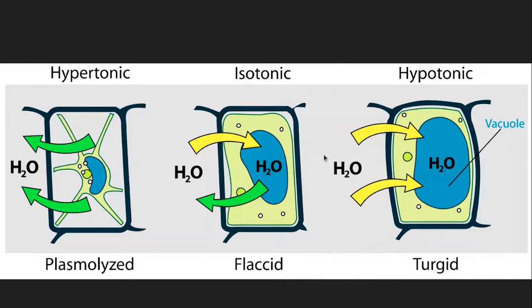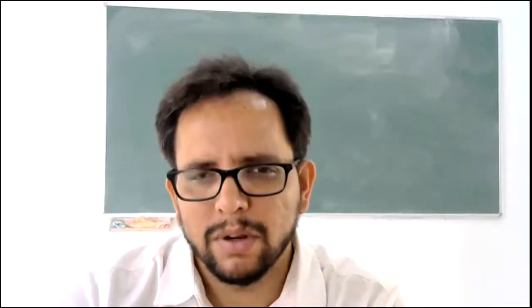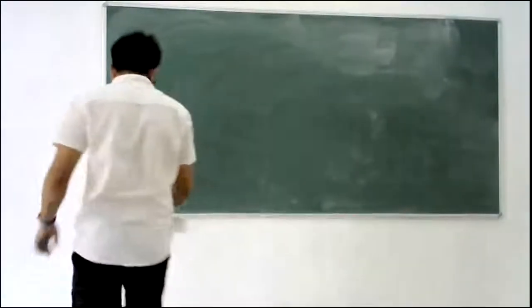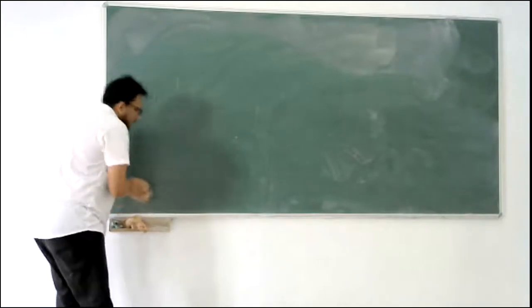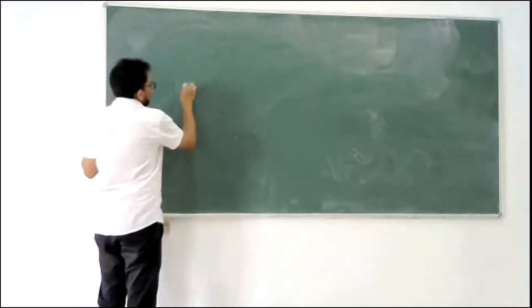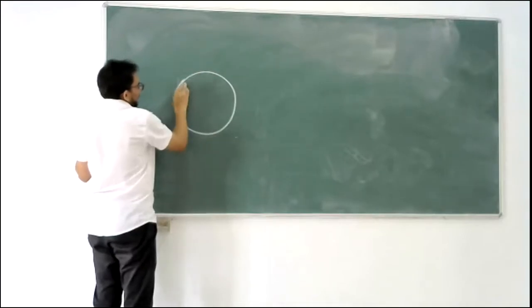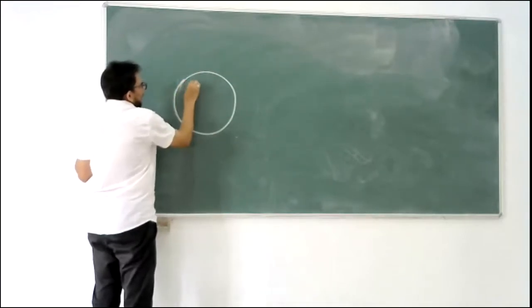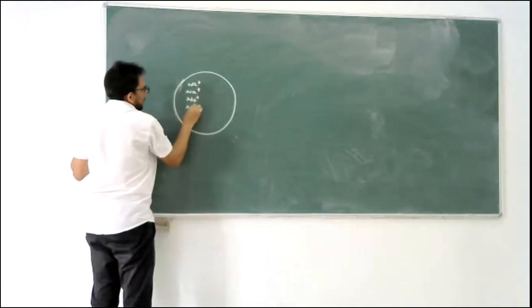I guess I can explain this part again on the board, that will be much easier. So let me go back to the board again. Let's say, for example, we have this cell, and inside the cell, we said hypertonic, correct?